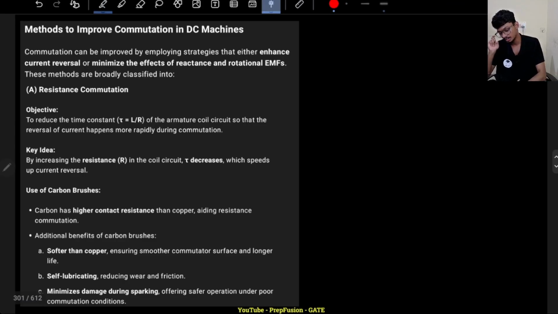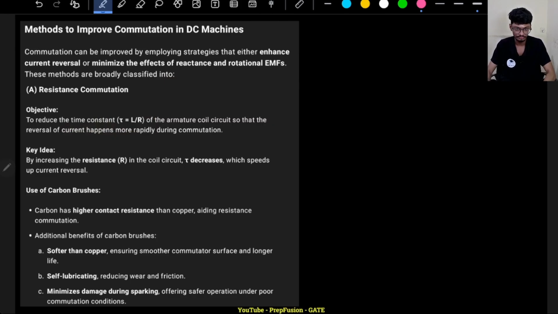Commutation can be improved by strategies that either enhance the current reversal or minimize the reactance and the rotational EMF that can be induced. So to reduce the time constant, right? Of course the coil will have some time constant. Equivalently, if I draw the coil, it will have some resistance RC and some inductance LC, right?